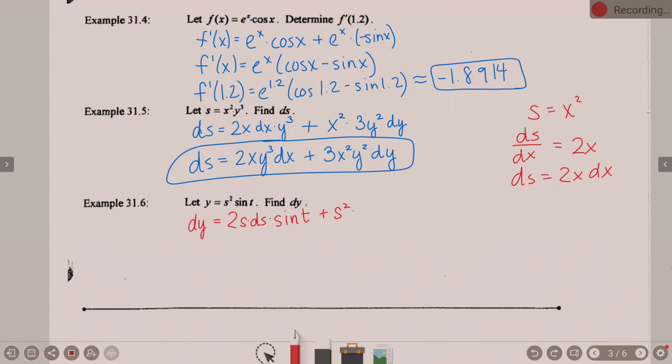Derivative of sine of t is cosine of t dt, with respect to the variable t. I didn't do a GCF here, I just cleaned it up. So I'm going to say 2s sine of t ds plus s squared cosine of t dt.